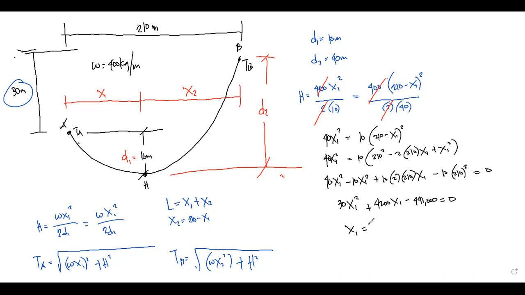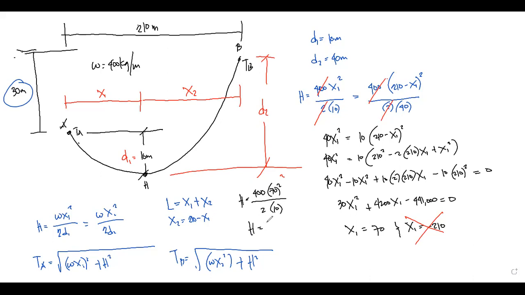So x1 can be calculated. Again, go back to your equation mode in your calculators. So we can have x1 to be 70, and the other one, our calculator will give you negative 210. Of course, we discard this value, and then calculate for h. So h would be omega 400 multiplied by 70 square divided by 2 times 10.